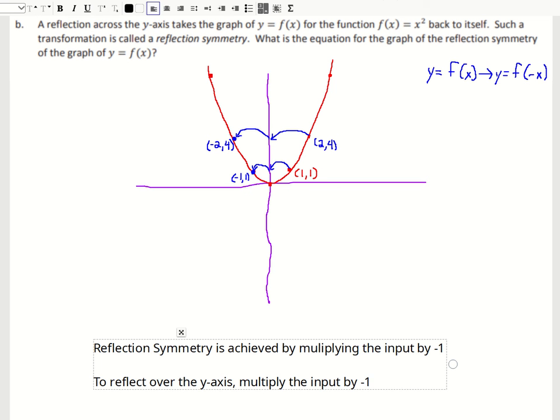Because negative x is just -1x. So we're taking x and multiplying it by -1.